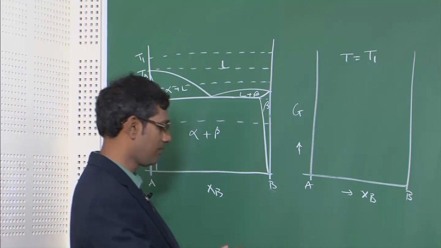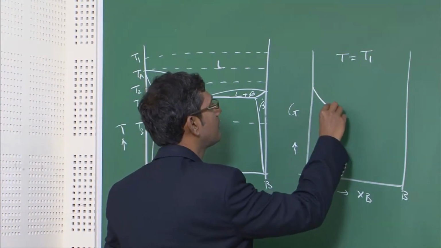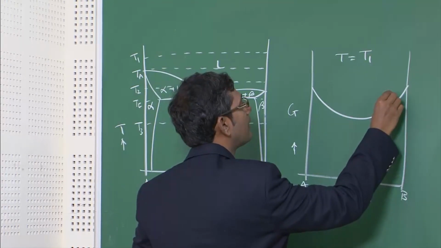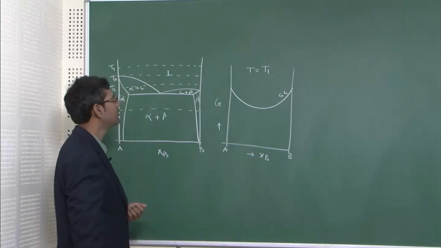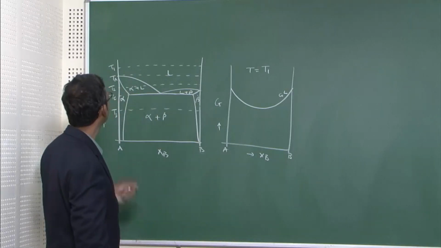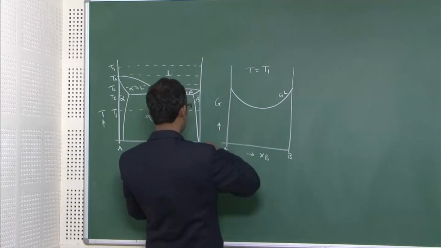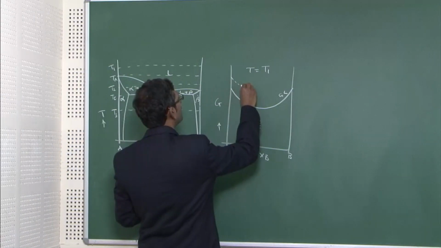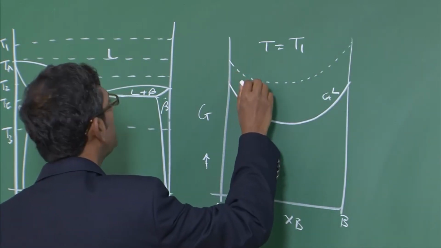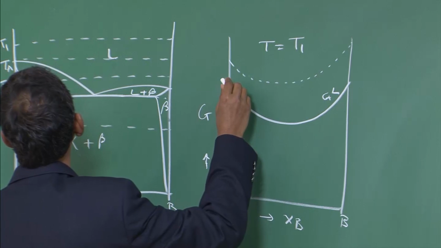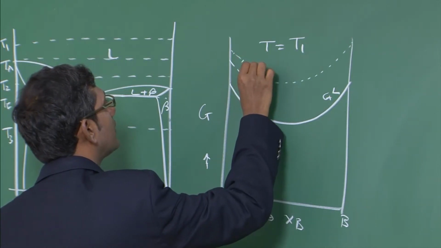So let us draw that. I will draw the free energy of the liquid first, by a solid line. This is the free energy of the liquid, and I will draw the free energy of the two solid phases alpha and beta. Let me draw it like this. I will draw alpha by a dotted line, and beta also by a different dotted line.